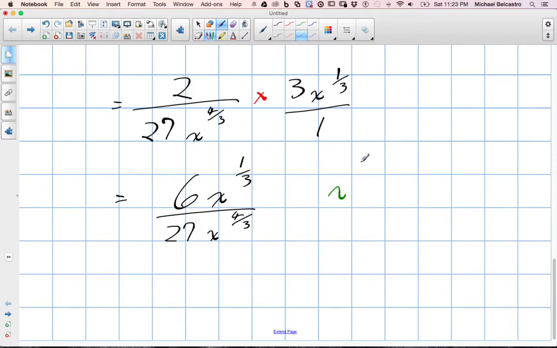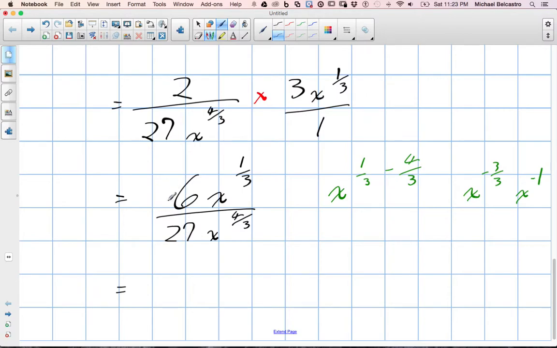This becomes x to the 1/3 minus 4 over 3, which gives us x to the power of negative 3 over 3, which is negative 1. That's the power of negative 1. To make the negative positive, we just put the x on the bottom. And we can reduce our coefficients here.